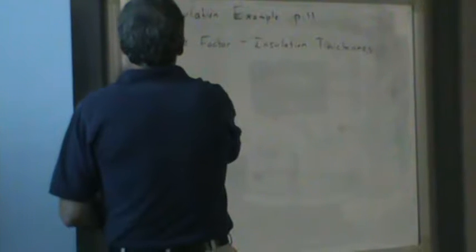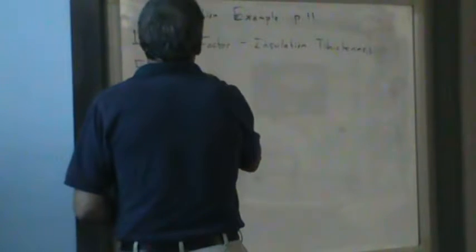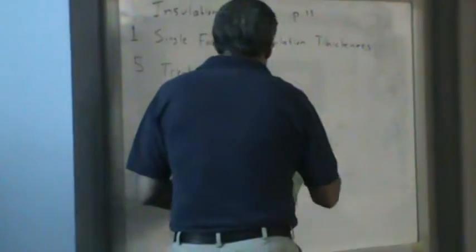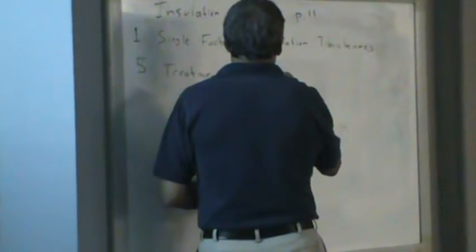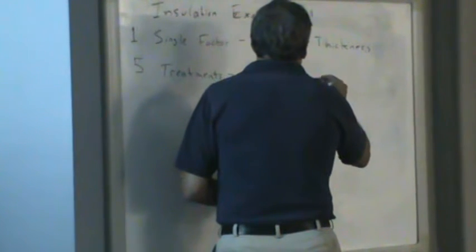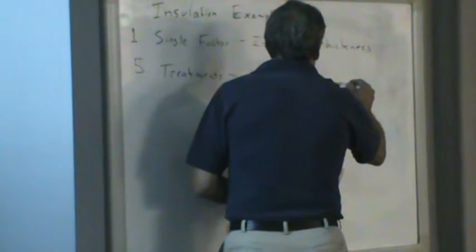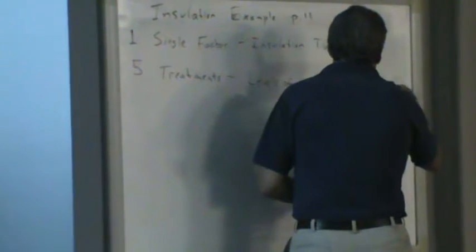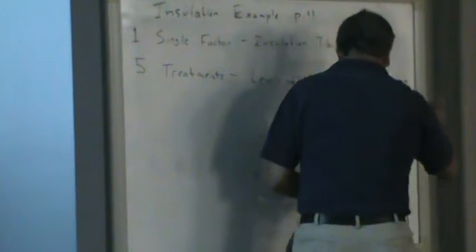So there's 5 treatments. This will help you understand the words. The treatments are the thickness, the levels of thickness. We've got 4, 6, 8, 10, and 12 inches.